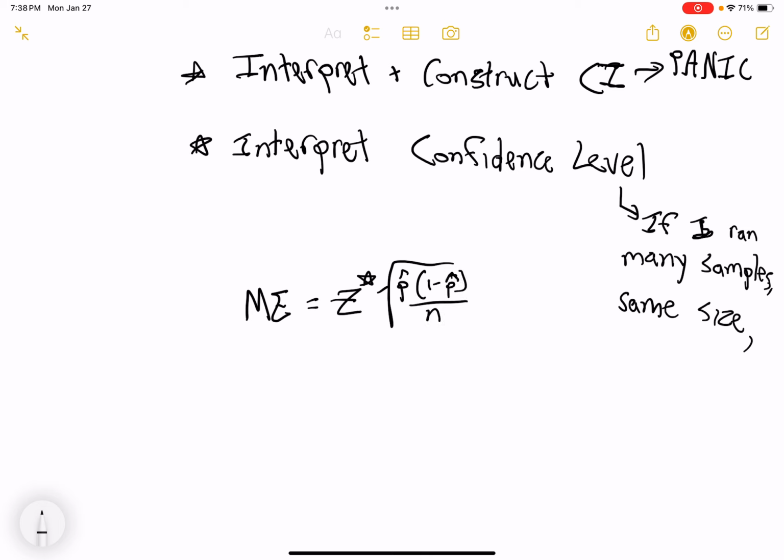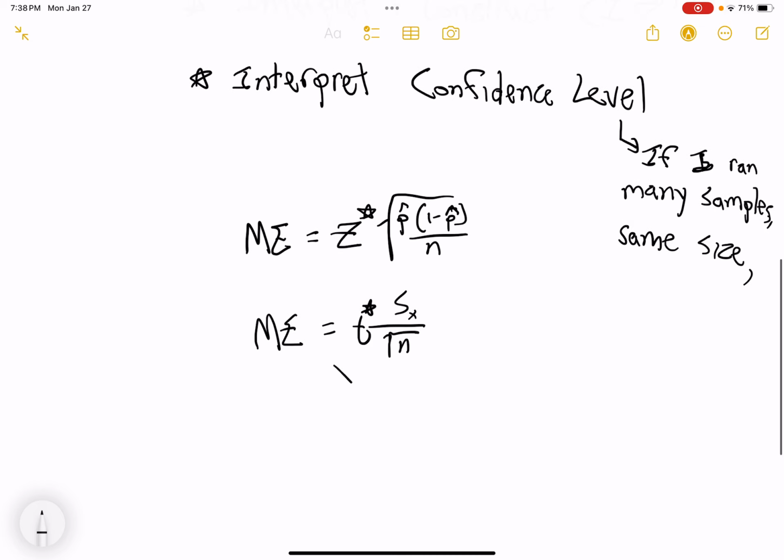Or, more often with means, it'll be a t critical value times the standard deviation of your sample over the square root of n, right? And on the rare occasion that it's a mean where we do a z-interval, that would be a z critical value, but we are using the true population standard deviation over square root of n, and that will be made clear to you if the standard deviation is the population standard deviation.